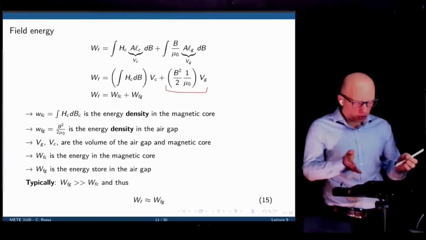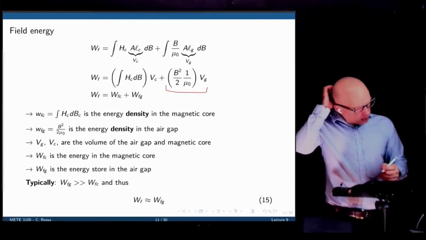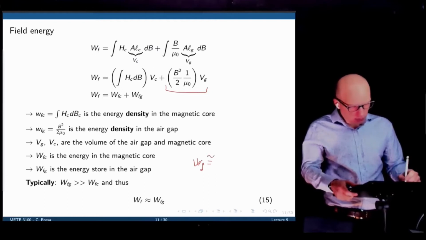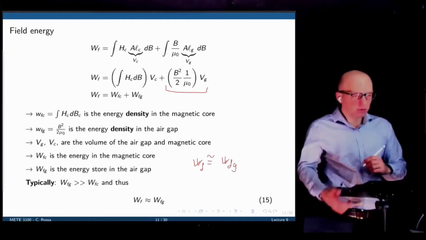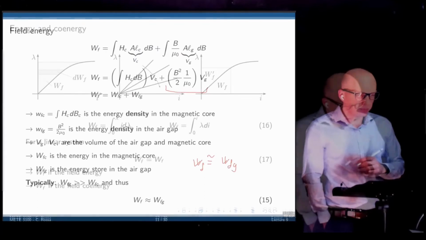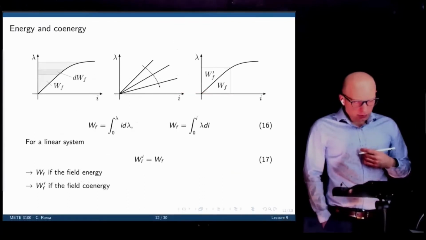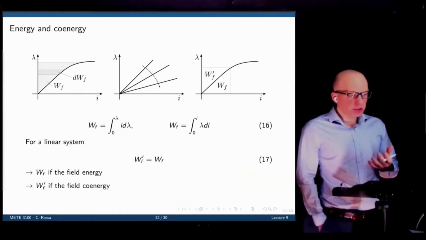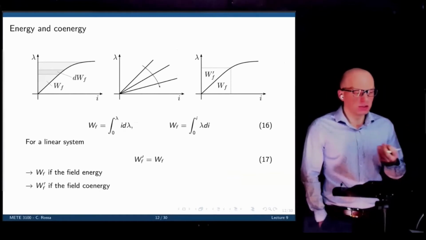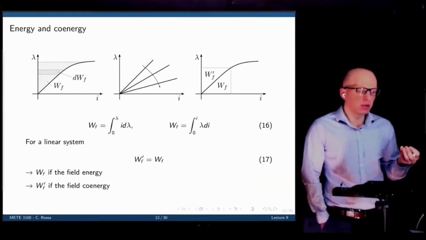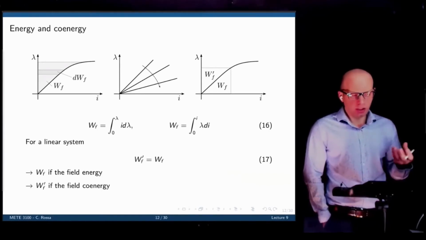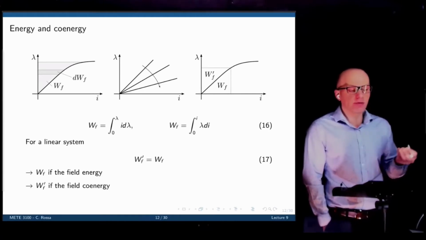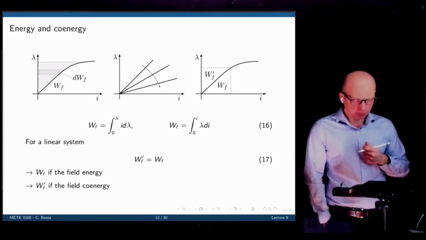So most of the energy will be there, which means that we can assume that the field energy for most applications is approximately the field energy in the air gap. Right. So if we now want to calculate the force developed in this process from the field to the mechanical energy, we'll have to determine how much field energy we have. We'll take the derivative of that, and any changes in the field energy will go to the mechanical energy.